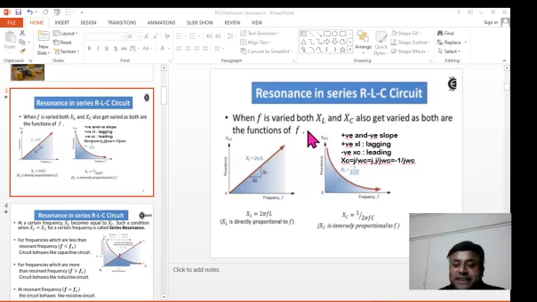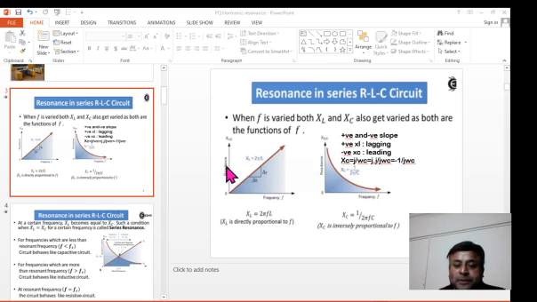So we get a curve which is, to some extent, reverse in characteristic, going inversely between XC and f. So we have two curves. One is the XL curve, which is lagging and the slope is positive. The other is XC, which is leading and the slope is negative.